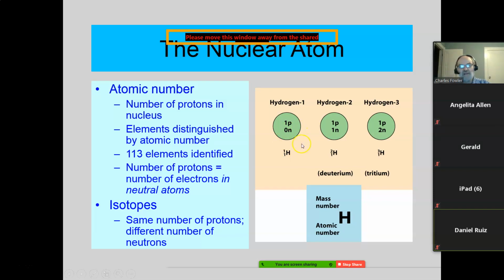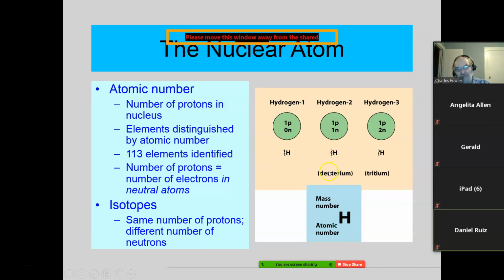That's true. But if you have an atomic number of 1 but a mass number of 2, that means you have 1 proton and 1 more neutron, giving you this. And that hydrogen isotope, still hydrogen, but with a completely different mass, twice the mass of this one, that's called deuterium. Okay?